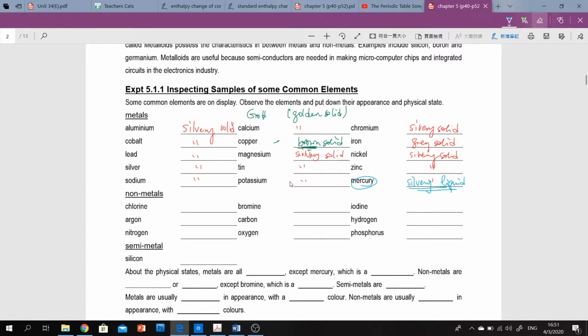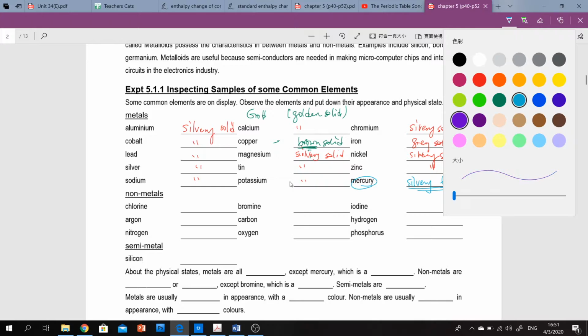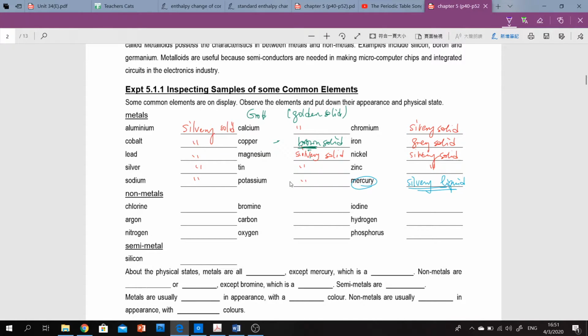So what is special about metals is their physical state: all metals are solid except mercury, which is liquid at room temperature and pressure.